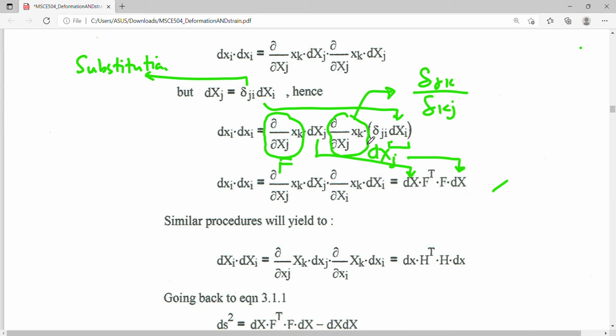Okay, so to make this a transpose, this must be substituted by a j here, such that this will result in a partial derivative of xj with respect to capital X. Okay, so kj and jk will yield an F transpose F in this regard.